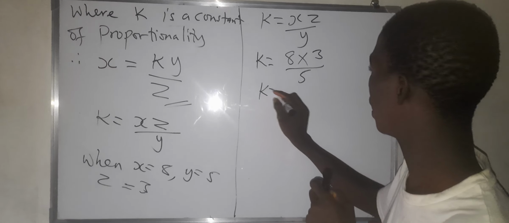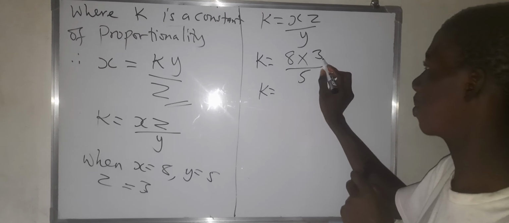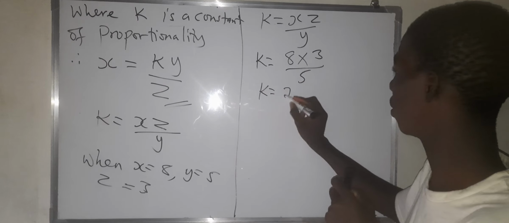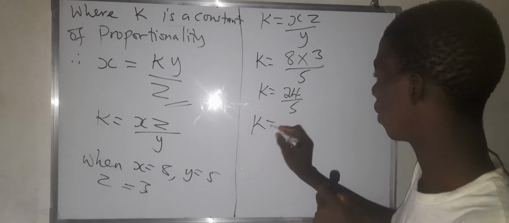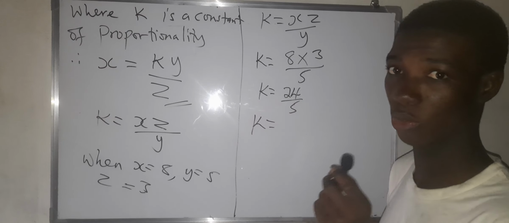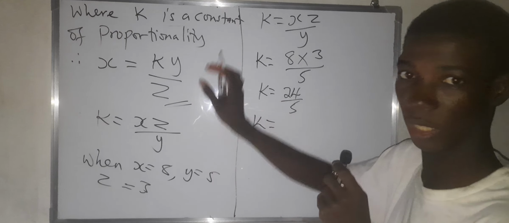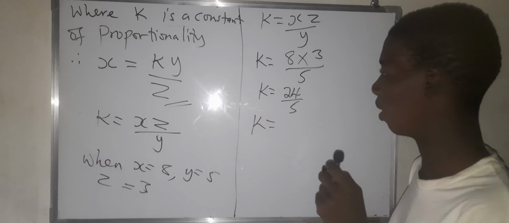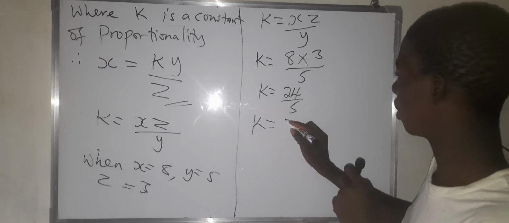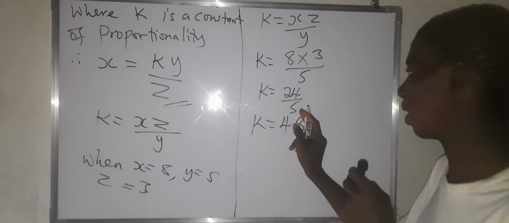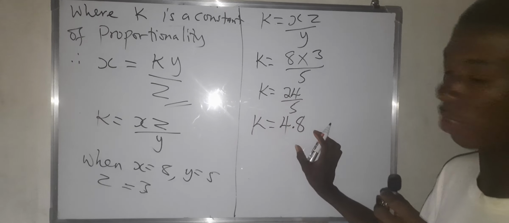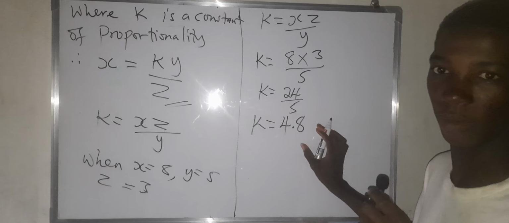So k is equal to 8 times 3, which gives us 24, all that over 5. So 24 divided by 5, of course we are asked to use a calculator. This is secondary level, we can use a calculator. That is 4.8. So now we have the value of the constant.